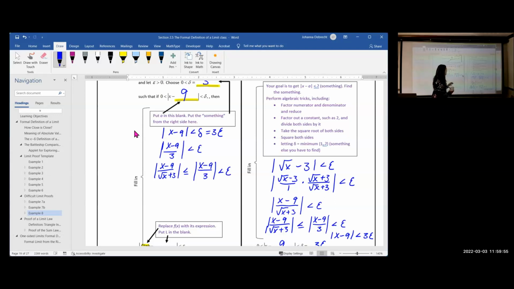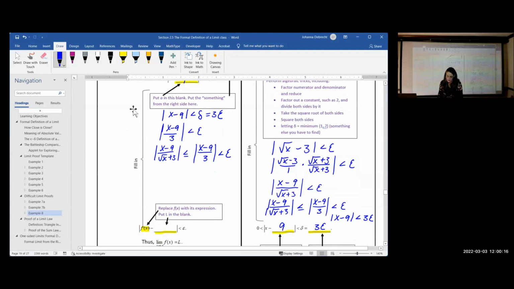Now we've got a strict inequality here, between the epsilon and the expression that we want on the left. And so the next thing we're going to do is drop the middle part and keep the strict inequality. And then we're going to, of course, factor the numerator.